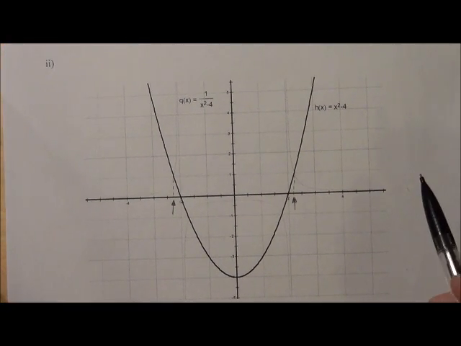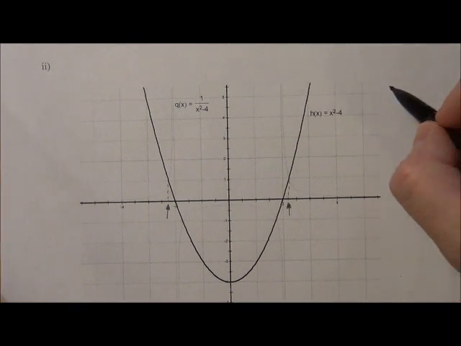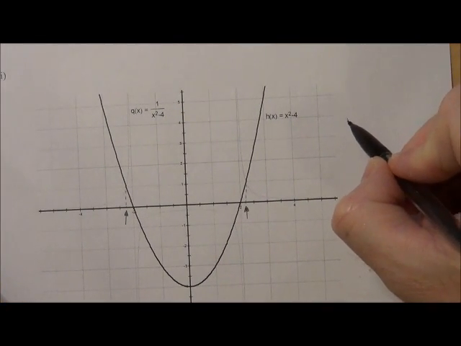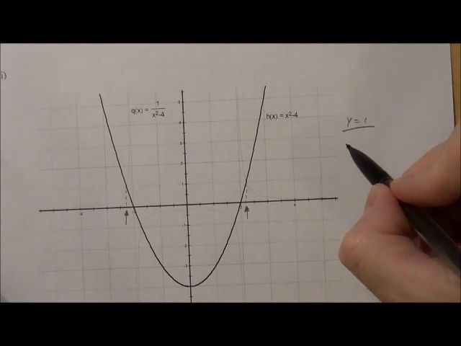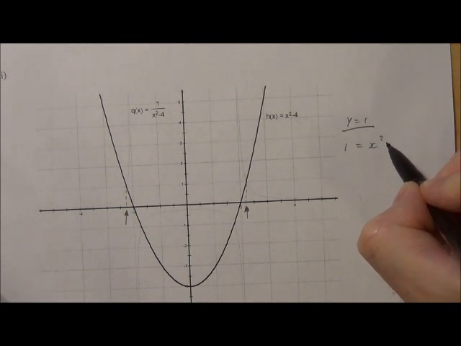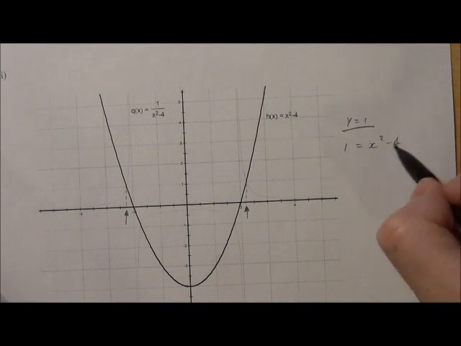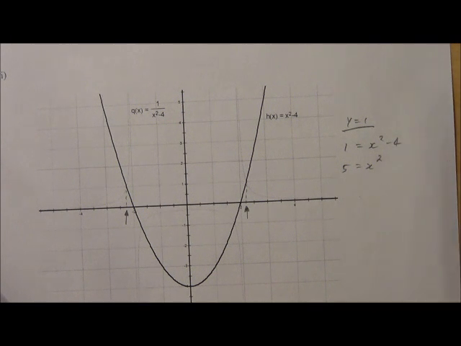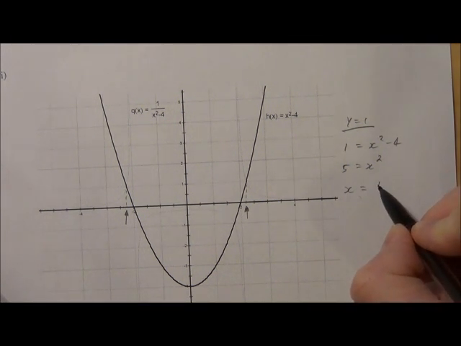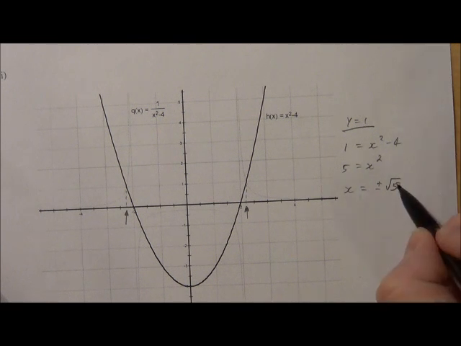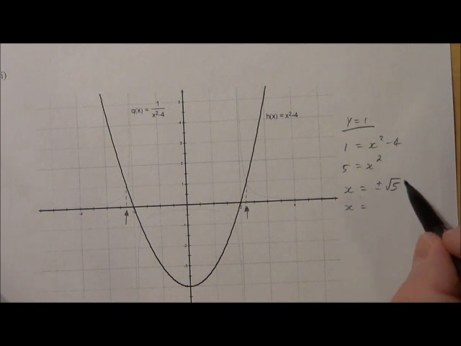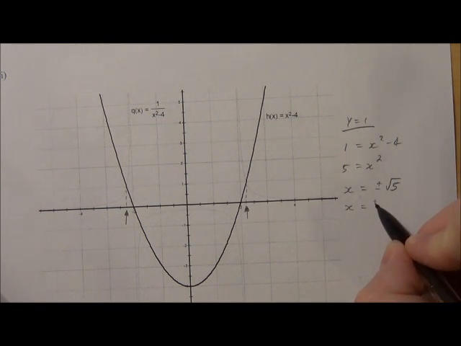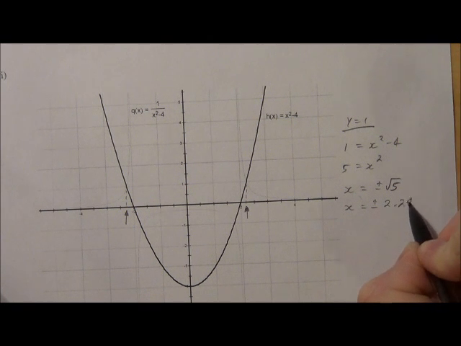So what I'm going to do here is I'm going to say over here y equals 1. That's what we're trying to find out. So y equals x squared minus 4. I'll add 4 to both sides, so we've got 5 equals x squared. I'll take the square root of both sides. So we've got the square root, and it's then plus or minus root 5. So therefore x, if I can just do a little bit of mental math here, the square root of 5 is about 2.24-ish, rounding to the nearest hundredth.